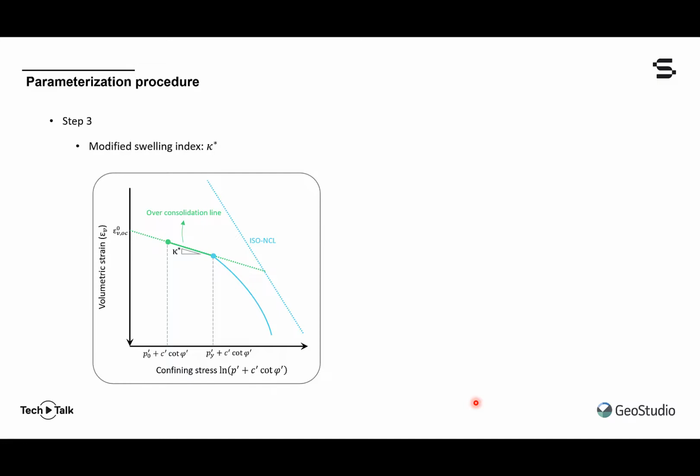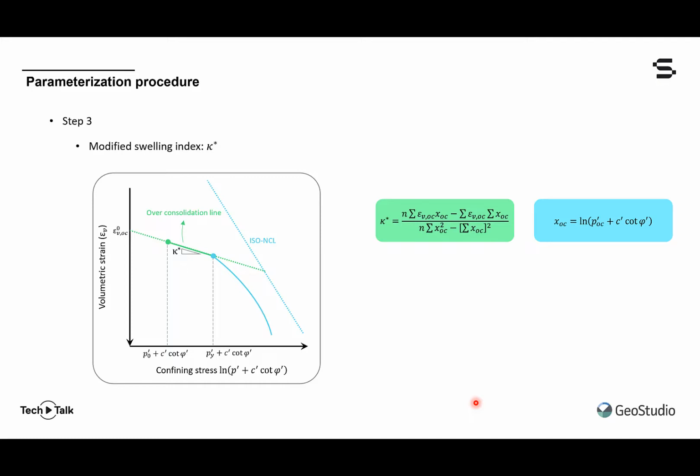I do want to emphasize again that, like Poisson's ratio, kappa star is a purely elastic property, and therefore the test data used to acquire it must be in the elastic range. The slope of this line is calculated directly using the method of least squares.